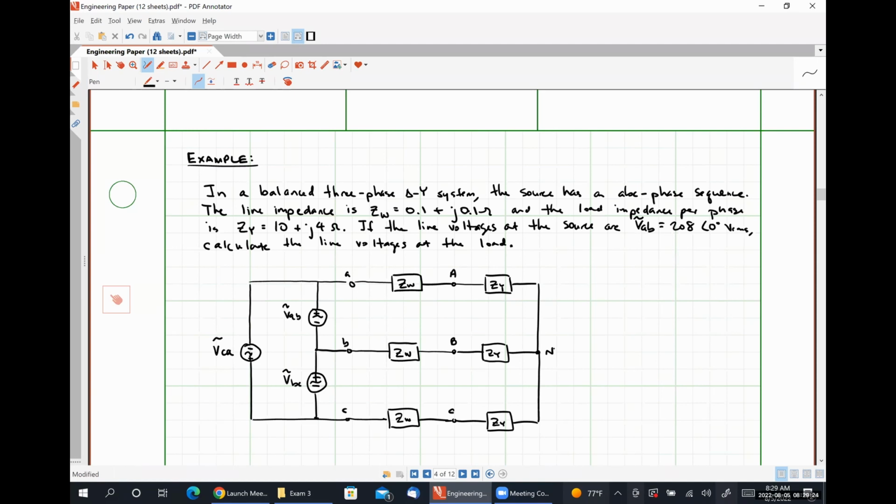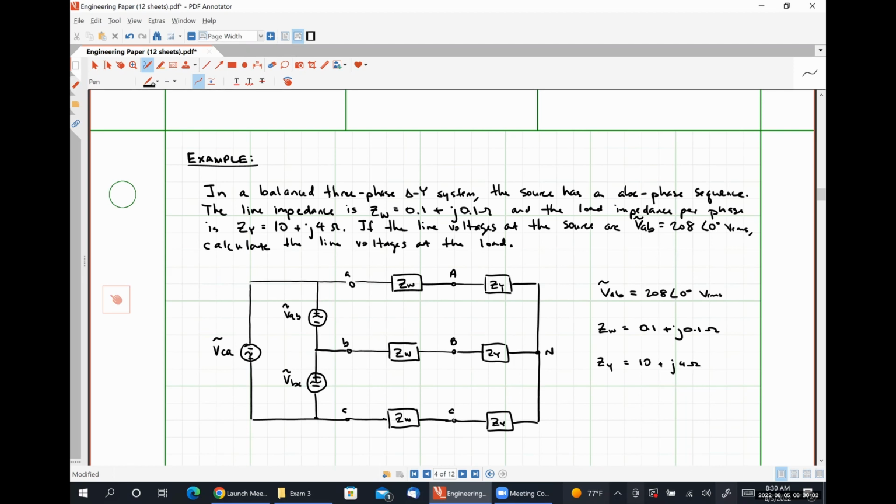What we were given in the problem statement is that VAB is equal to 208 angle 0 degrees volts RMS, ZW is 0.1 plus j0.1 ohms, and ZY is equal to 10 plus j4 ohms.